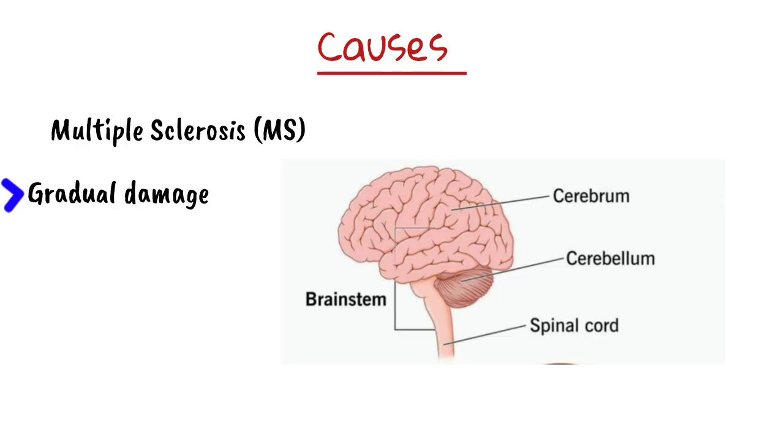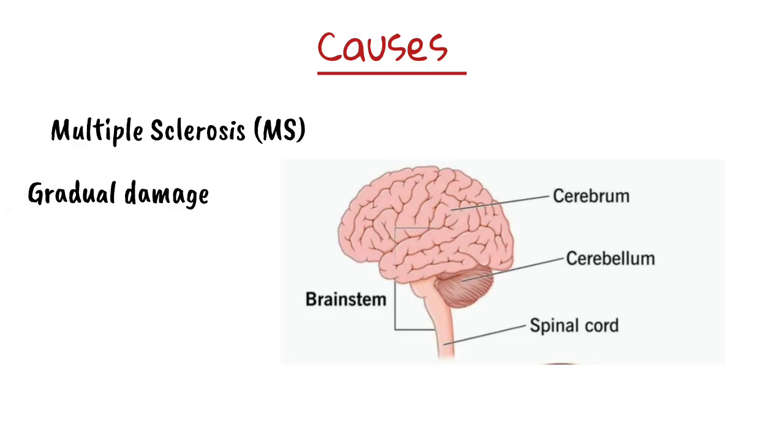It is often accompanied by other neurological symptoms such as optic neuritis, visual disturbance, and numbness or weakness in various parts of the body. Multiple sclerosis is diagnosed using a combination of clinical findings, MRI evidence of demyelinating lesions, and sometimes cerebrospinal fluid analysis.